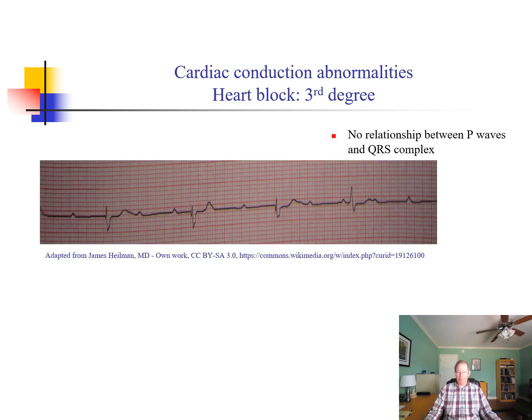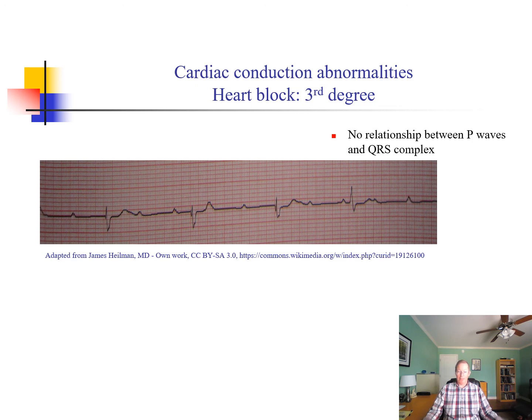Third degree is where the P waves are doing their thing. They're polarizing, depolarizing, and the QRS-T is also doing that. And there's no real relationship. So here's a P wave, and here's a P wave, and here's a P wave, and here's a P wave. A P wave's buried here. And then the QRS-T are just doing their own kind of thing. And that's because you're having two things.